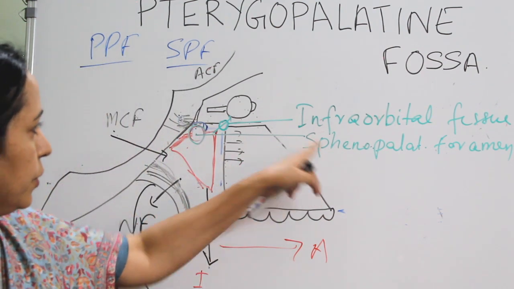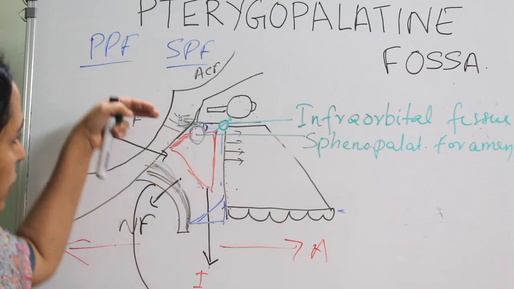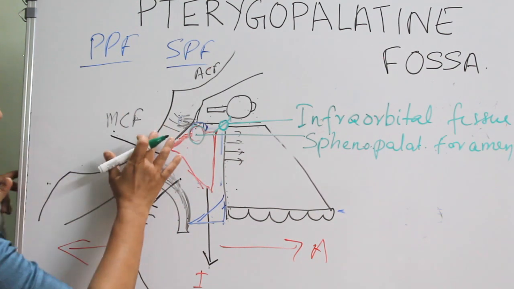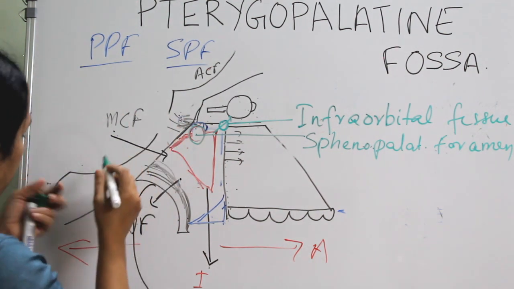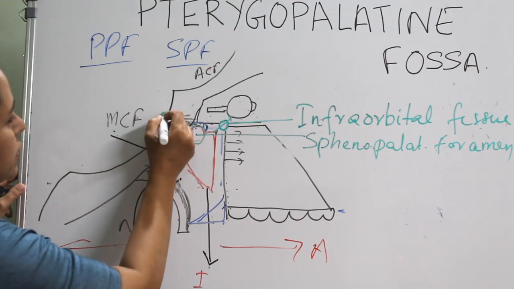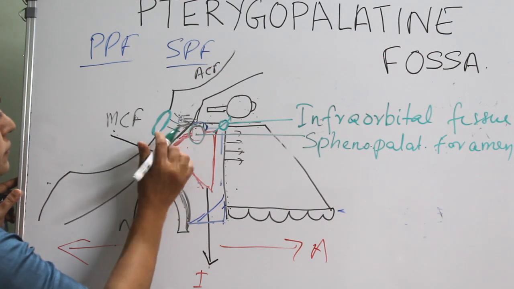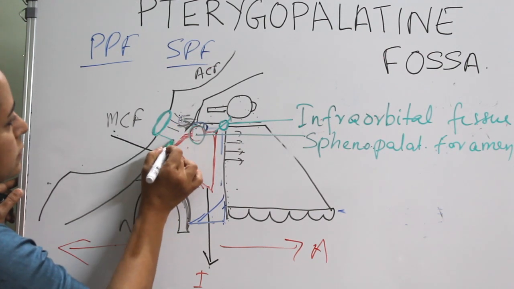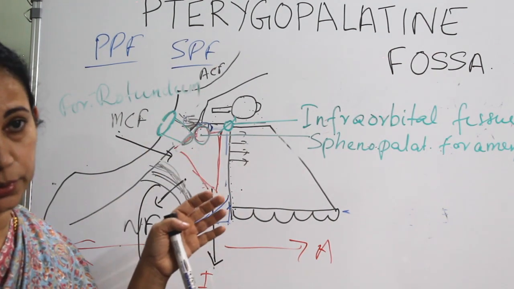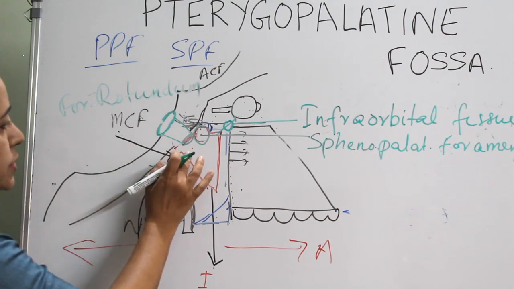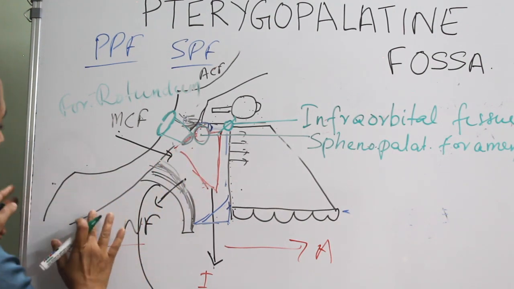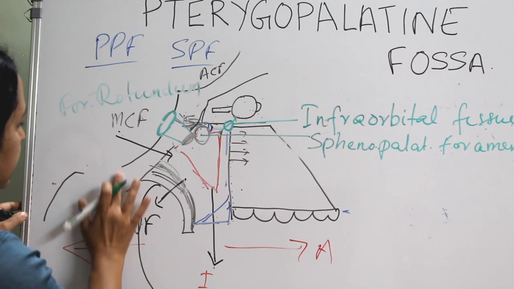Now superiorly, in the middle cranial fossa there is foramen rotundum, communicating with the middle cranial fossa. Then posteriorly, here comes the foramen lacerum.